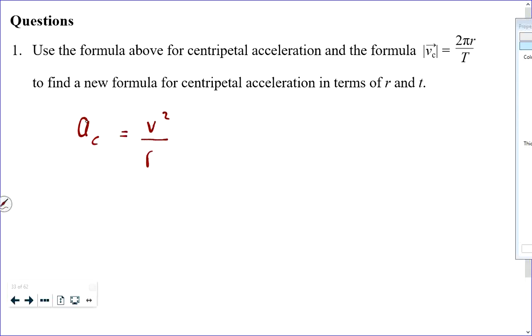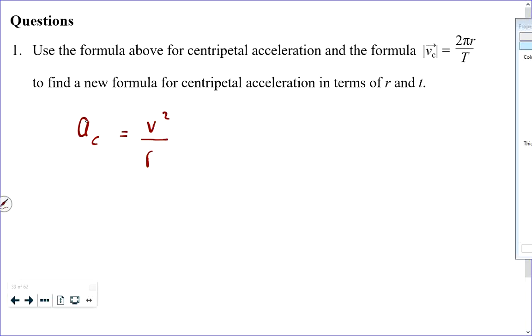And I tend to not use vector symbols with circular motion at all. Normally I would put a vector symbol in the absolute value signs, right? But the reason I'm not going to is we would never want to use the vector symbols anyway. I can't talk about a singular direction for the acceleration. It's always towards the center. So that direction is different depending on where the object is. There's no sense even talking about vectors here.